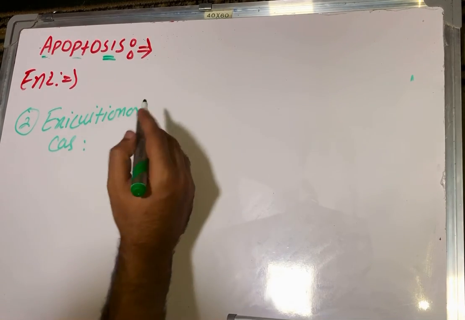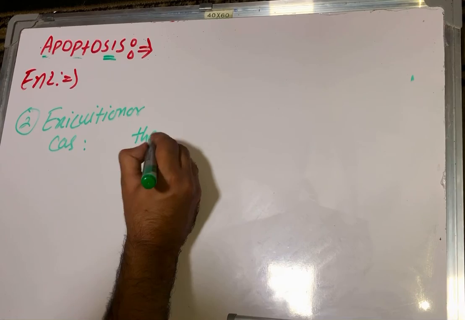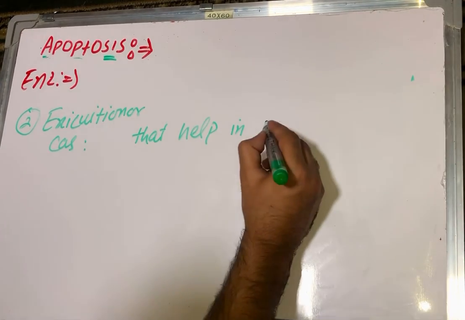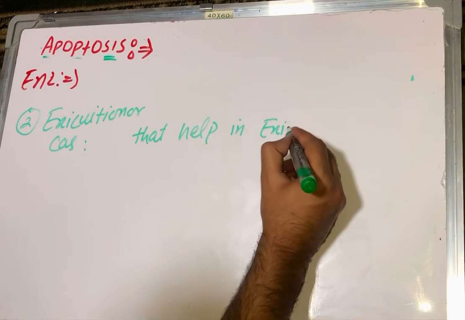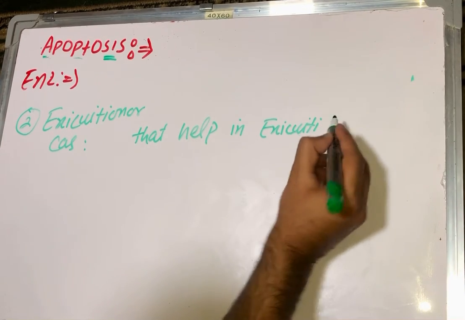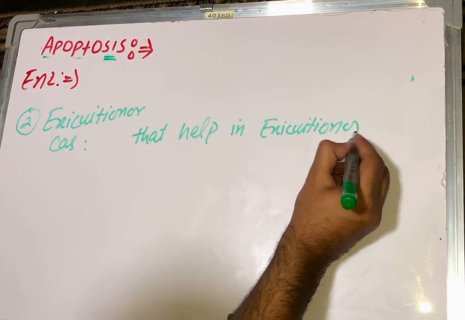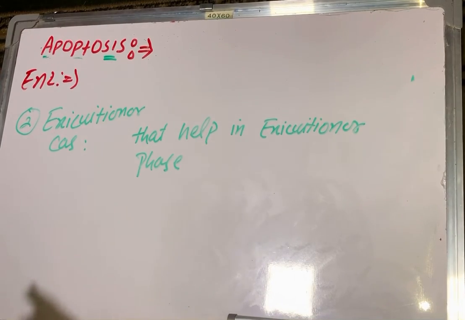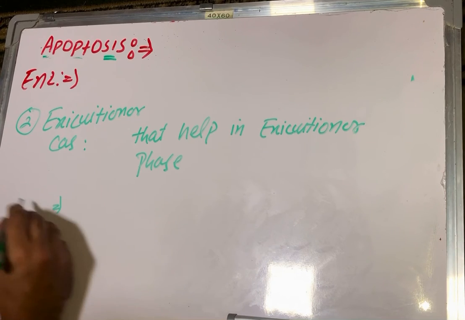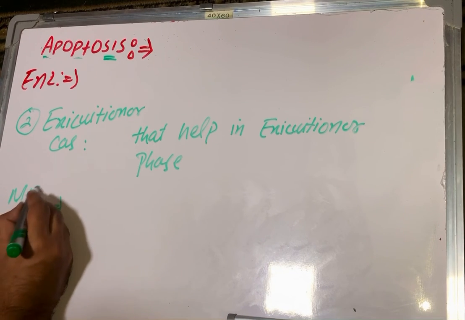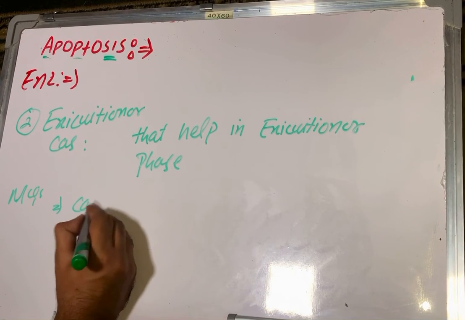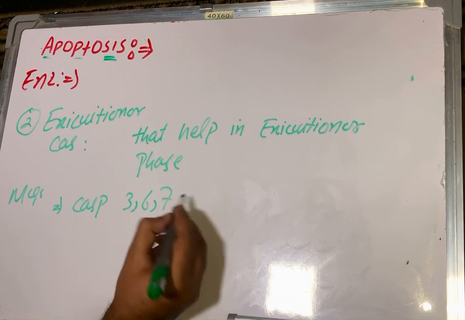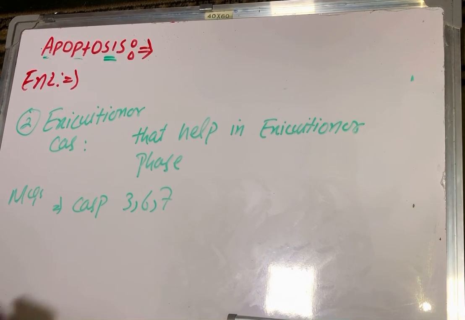These are those caspases that help in the executioner phase of apoptosis. Remember that these are caspase 3, 6 and 7.